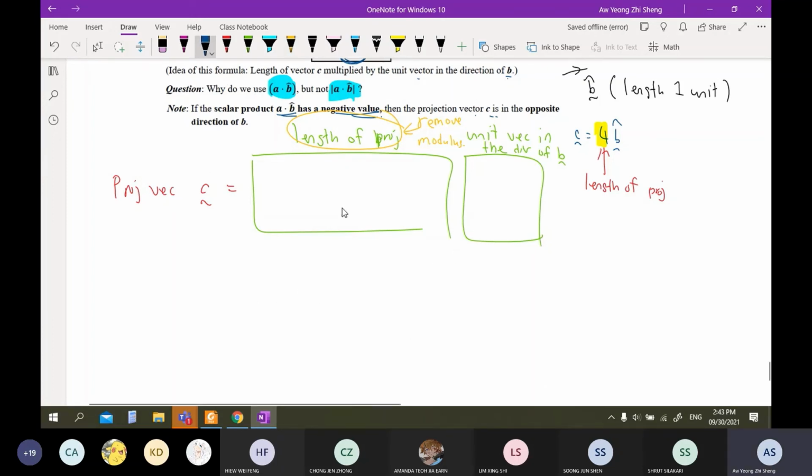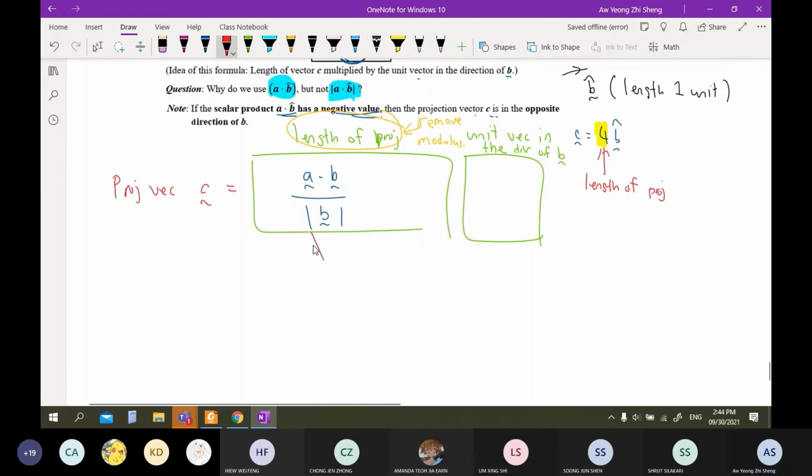Okay. So what is the formula for length of projection? It's A dot B over B. The usual formula is modulus to everything, right? You would remove your modulus from the numerator.